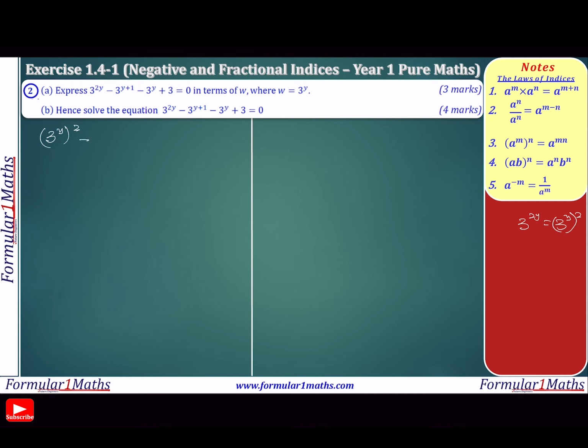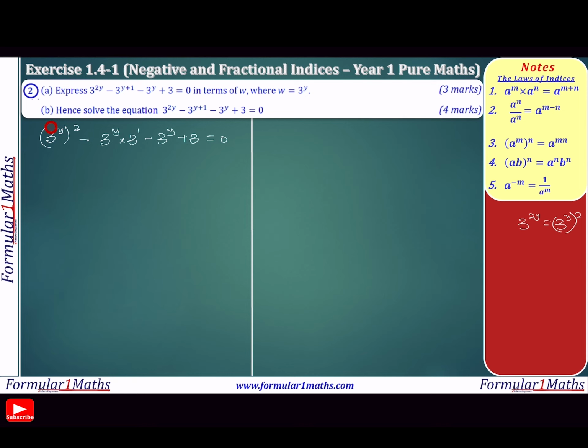And using rule number 1 on this term, I'm going to get 3 to the power y times 3 to the power 1 minus 3 to the power y plus 3 equals 0.